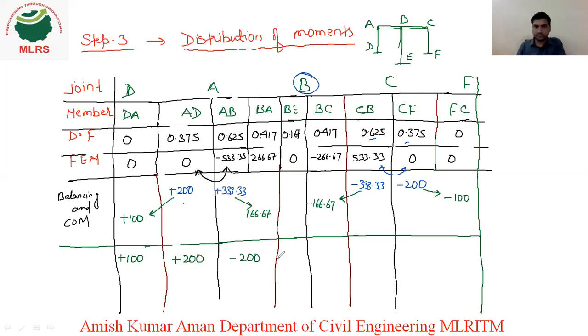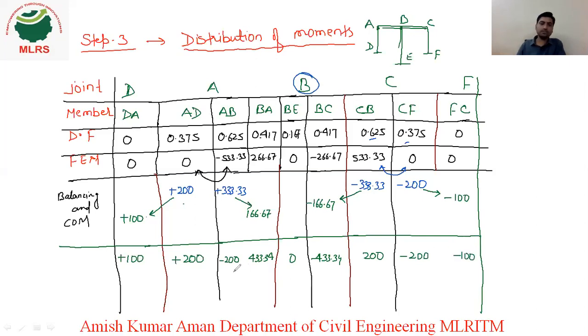For BA, plus 200, and for AB minus 200. Now for BA we got 433.34, BE 0, BC minus 433.34. For CB we got 200, for CF minus 200, and here again we got minus 100.